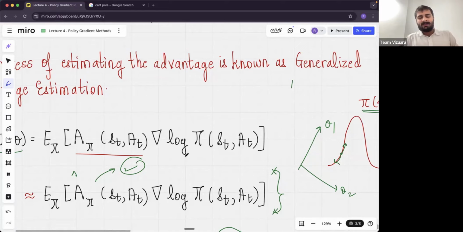To estimate this advantage function, we can look at a one-step backup, two-step backup, or n-step backup, or a combination of all of these different step backups. If it's just a one-step backup, it becomes highly biased. If it's an n-step backup, it has a high variance. So it's better to have a lambda value between 0 and 1.